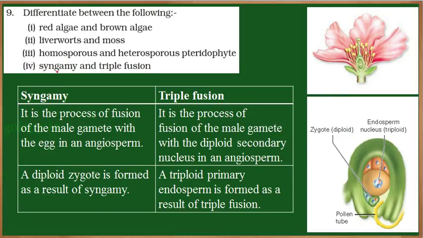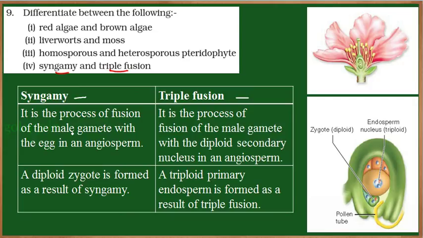The next difference is syngamy and triple fusion. So both syngamy and triple fusion are related to the process of fertilization in angiosperms. So in flowering plants like angiosperms, the pollen tube carries two male gametes.